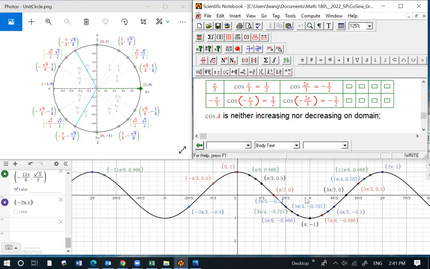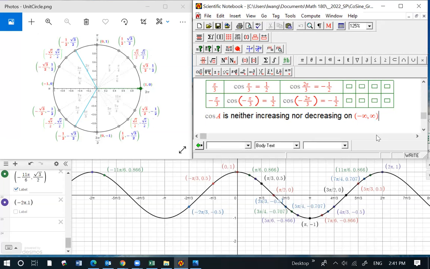So far we have gone 2 cycles; if you keep going, it just keeps going. There's no broken place. Every input is possible, and the curve is nice and smooth. The domain is from negative infinity to positive infinity. So cosine is neither increasing nor decreasing.